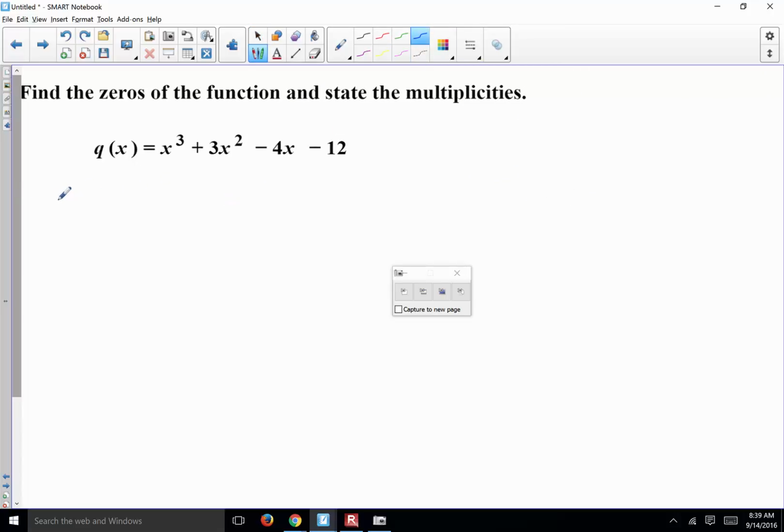Yeah, you need to first find rational zeros if there are any.